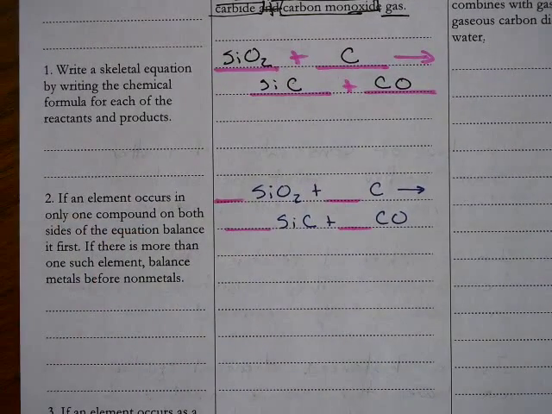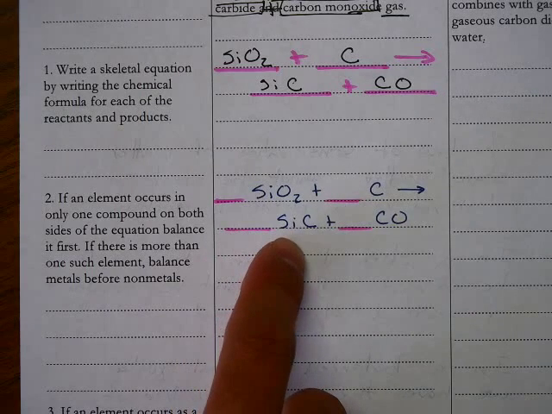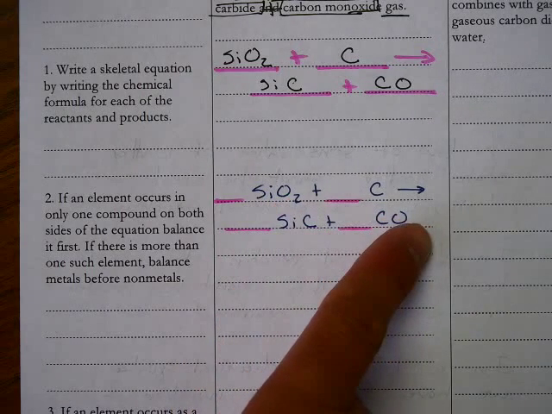It says if an element occurs in only one compound on both sides of the equation, balance it first. If there are more than one such element, balance the more metallic one first, basically, or the metal before the non-metal. So silicon is in 1 on both sides. Oxygen is in 1 on both sides.